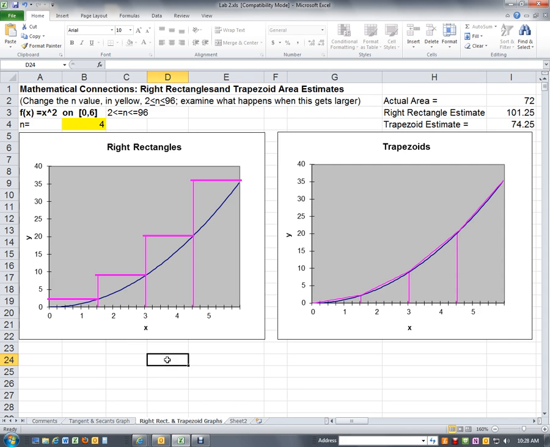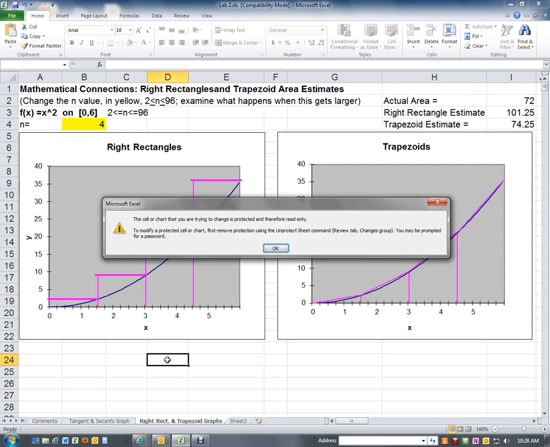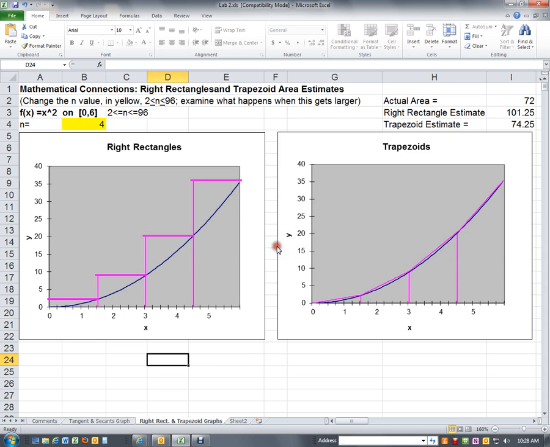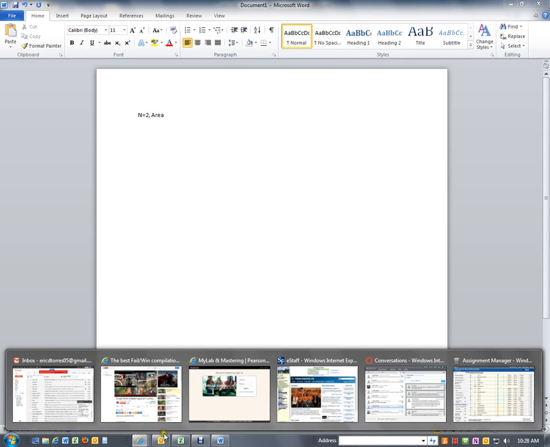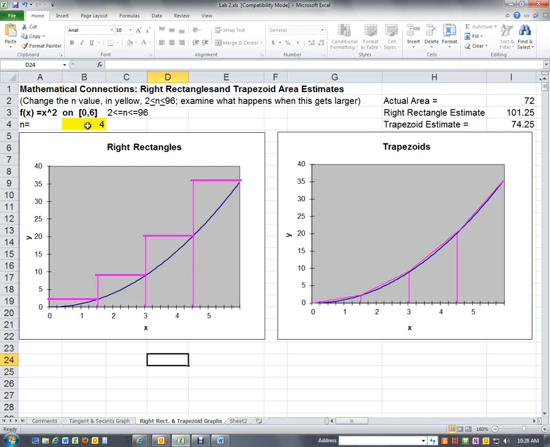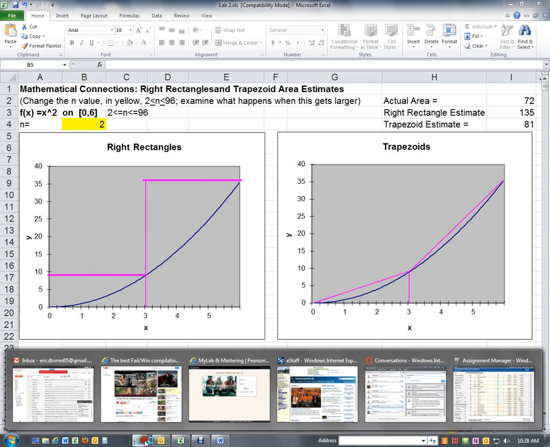But somewhere, make a table with the number of rectangles. You can't do it in this chart because it's cell-protected, but you can do it in Microsoft Word. When n equals 2, let's go back to my graph, the area for 2 rectangles is 135.